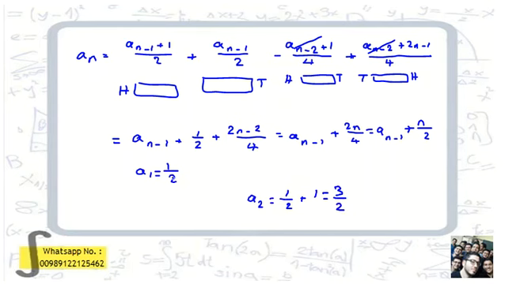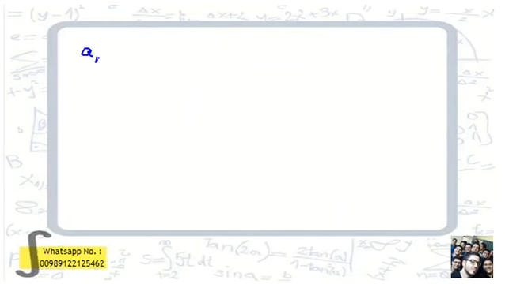That's true, so let's find a_n by the telescoping rule. a_n equals a_{n-1} plus n over 2. So a_n minus a_{n-1} is n over 2, and so on until a2 minus a1 is 2 over 2.